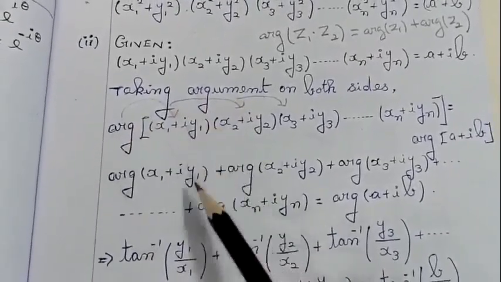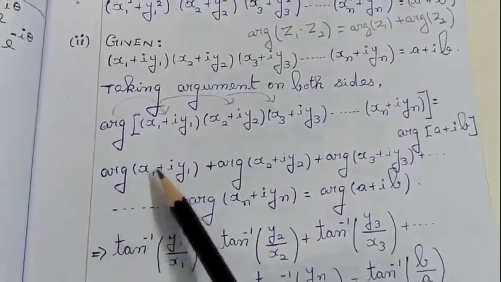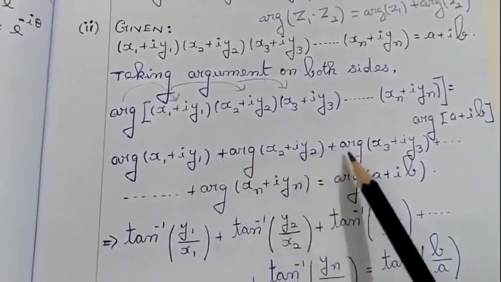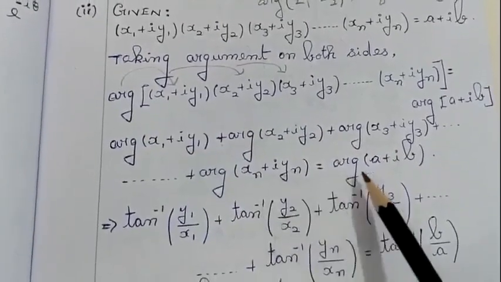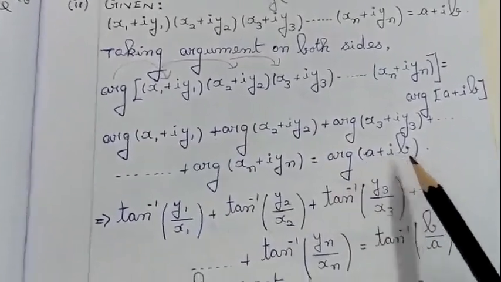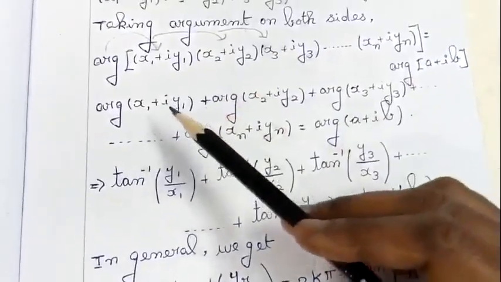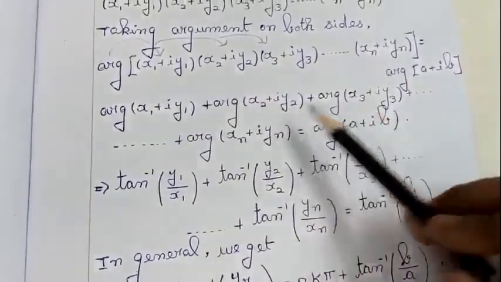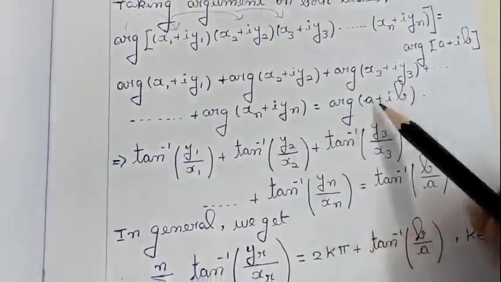While I am multiplying, the argument inside each complex number will be added, that is argument of x1 plus iy1 plus argument of x2 plus iy2 plus and so on, plus argument of xn plus iyn equal to argument of a plus ib.